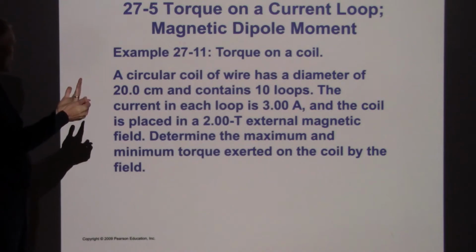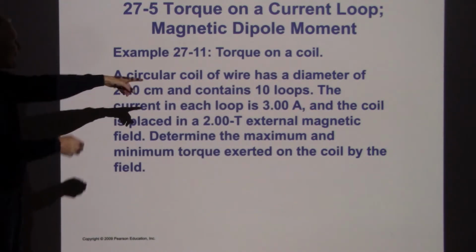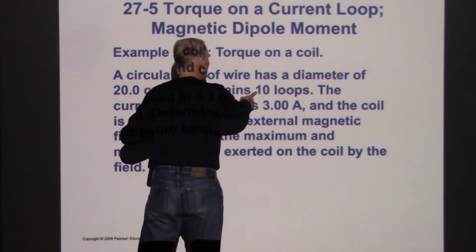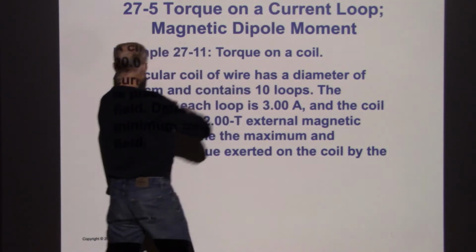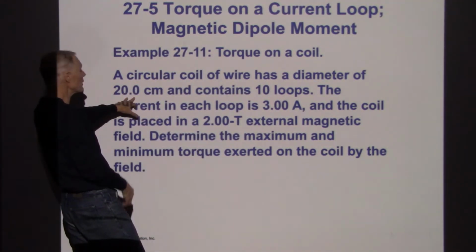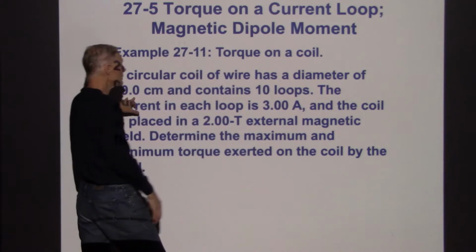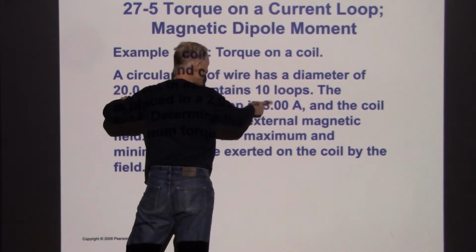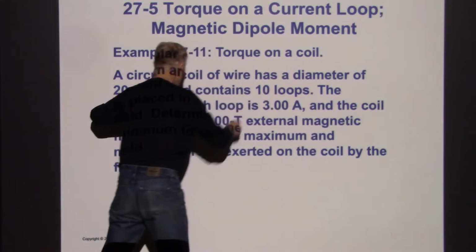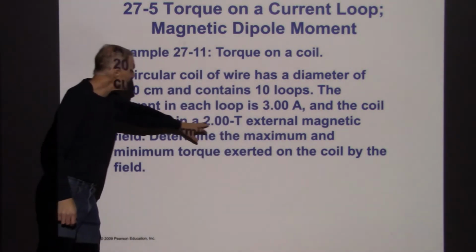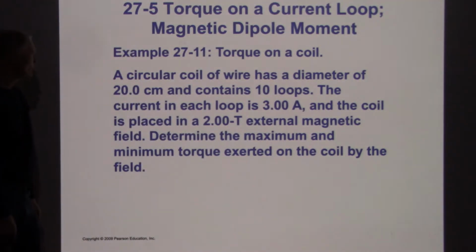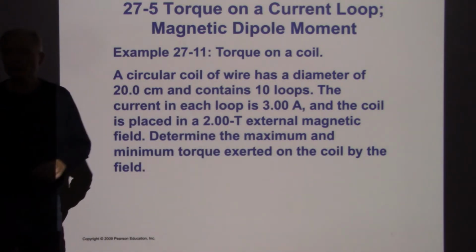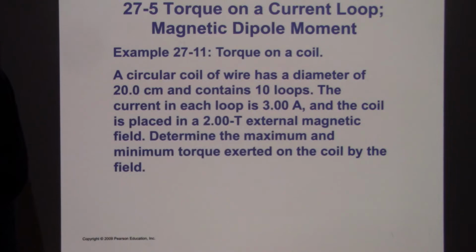We have 10 loops, they're circular, they have a diameter of 20 centimeters, which means they have a radius of 10. There's 3 amps running through the loops, so that's kind of the equivalent of 30 amps. And then the coil is placed in a magnetic field of 2 Tesla. What are the largest torques we could end up with?